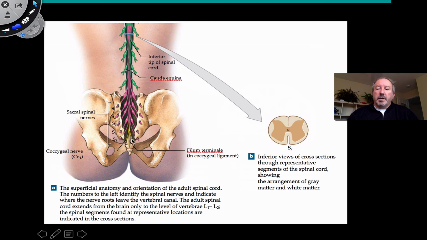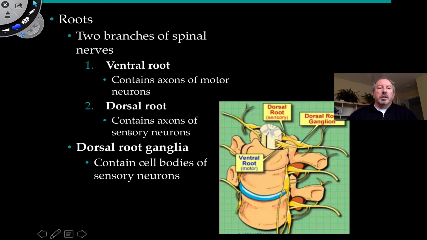And I was mentioning the filum terminale is attached down here in the coccygeal ligament, and that's how it attaches to the coccyx bone right in here, providing stability for the spinal cord. So getting back into the roots, which are basically the nerves that are coming in and out of the spinal cord.